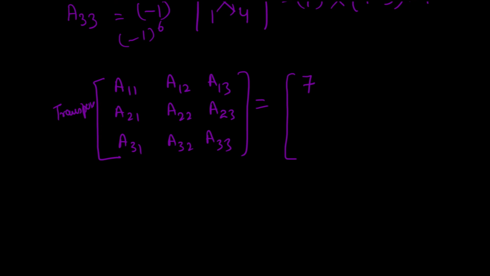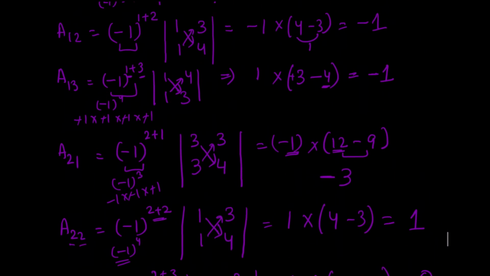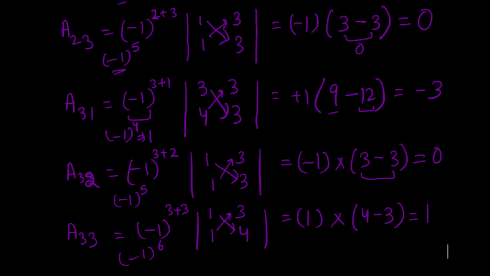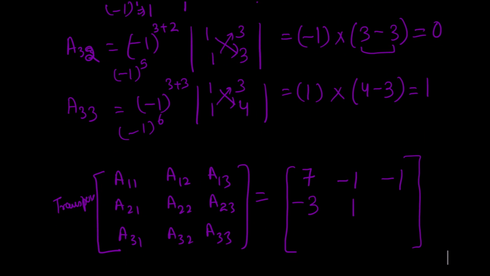Then you have A12, which is minus 1. You have A13, which is minus 1. Then you have A21, which we found minus 3. Then you have A22, which is 1. A23 is 0. Then you have A31 minus 3, A32 0, and then you have A33 1.